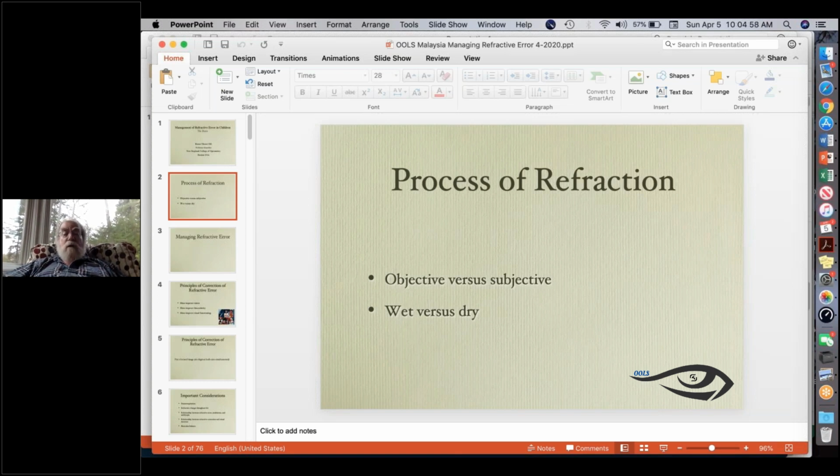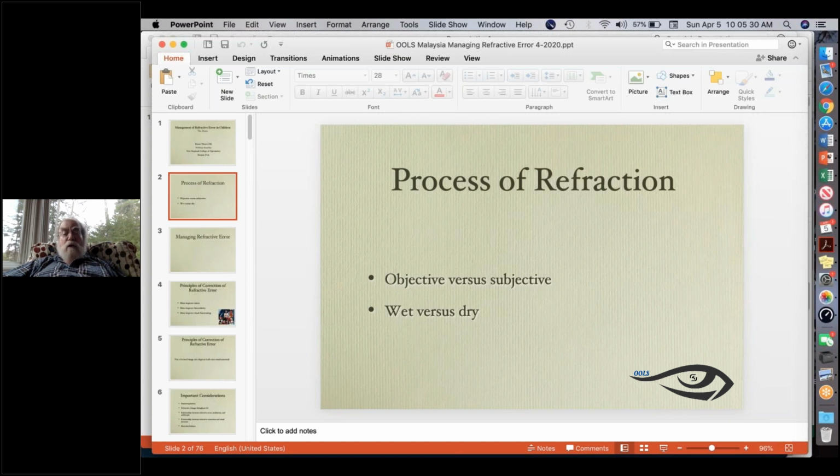The most important point I want to make is that the techniques that we need to use to find out what's going on with a child's refractive status are largely objective in nature. They are not subjective. What I mean by that is that we need to see what's going on. We need to evaluate the visual system. We have to make the decisions based upon what we see and what we're able to test.